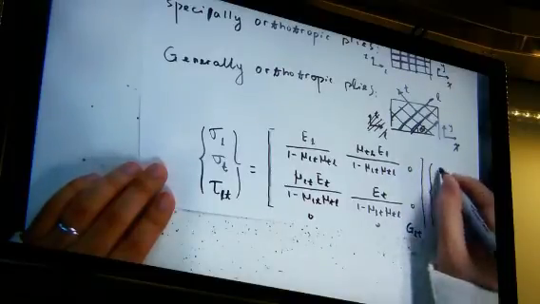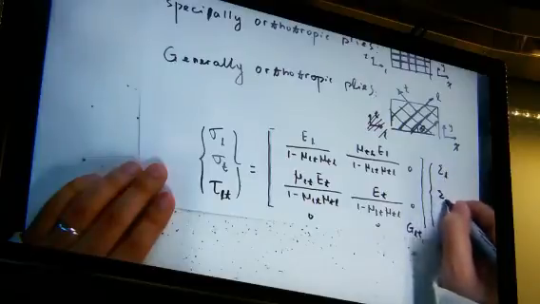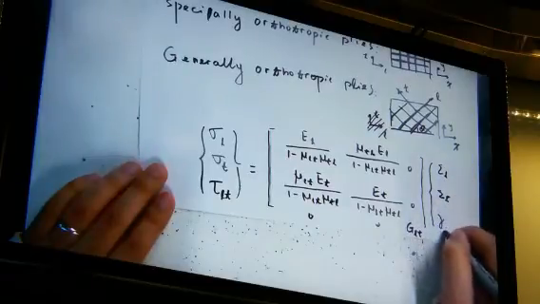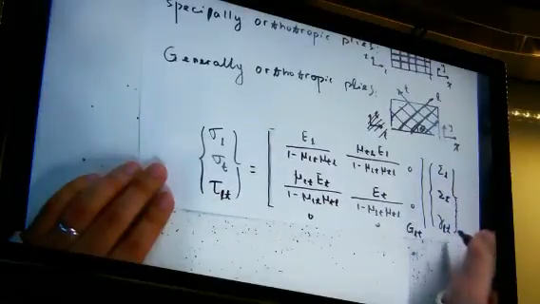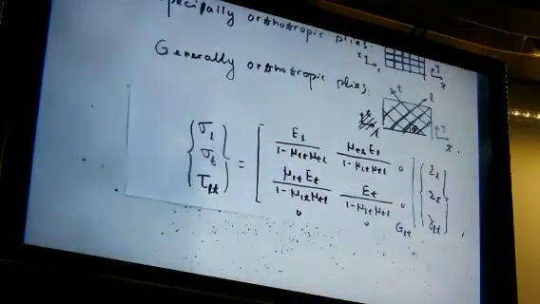And this one is epsilon L, epsilon T, gamma LT.